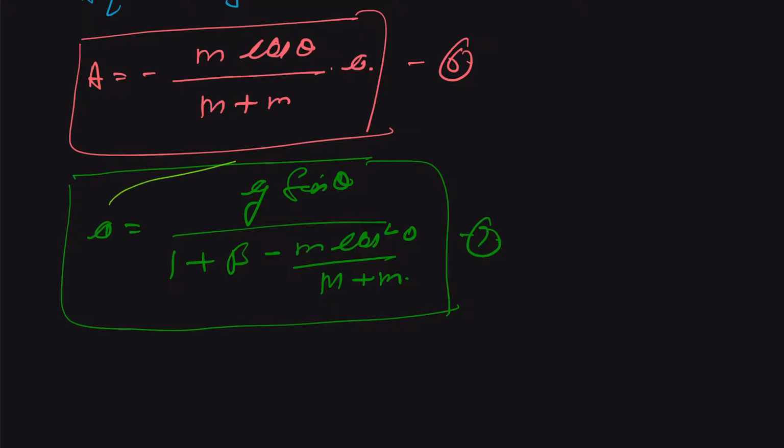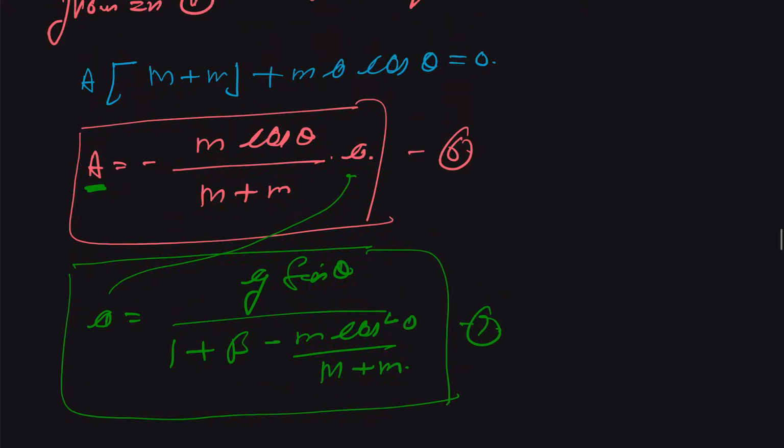And if we substitute this into equation number 6, we are going to get the acceleration of the wedge in terms of the given parameters, that is g, m plus m, as well as theta. In this case, the negative sign is only an indication of direction.